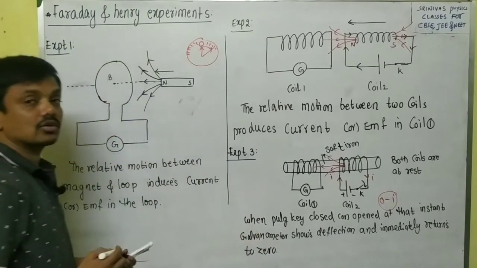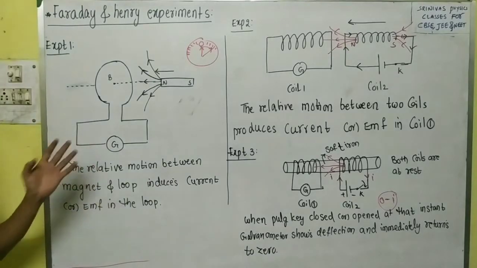Later, the galvanometer shows 0 deflection. This is the third Faraday's experiment.